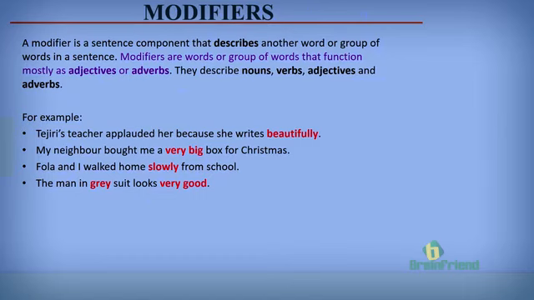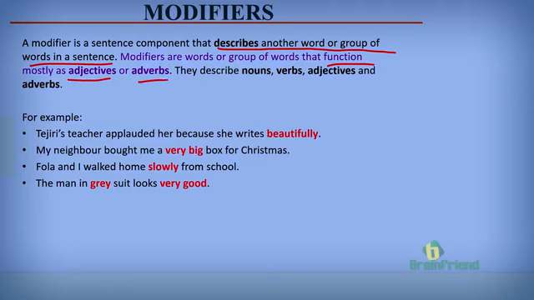Another component of the sentence is the modifier. What is a modifier? A modifier is a sentence component that describes another word or group of words in a sentence. Modifiers are words or groups of words that function mostly as adjectives or adverbs.